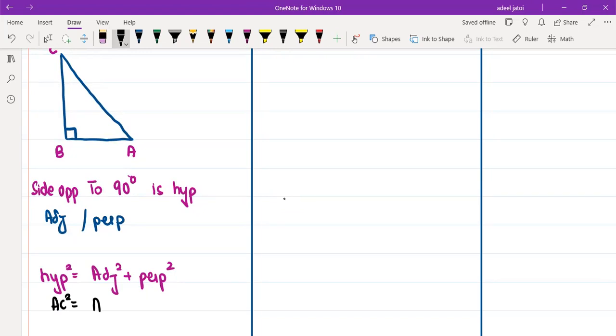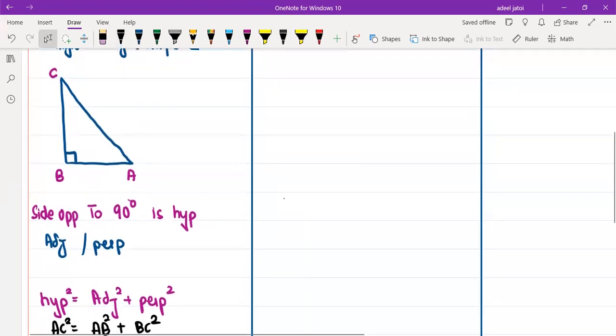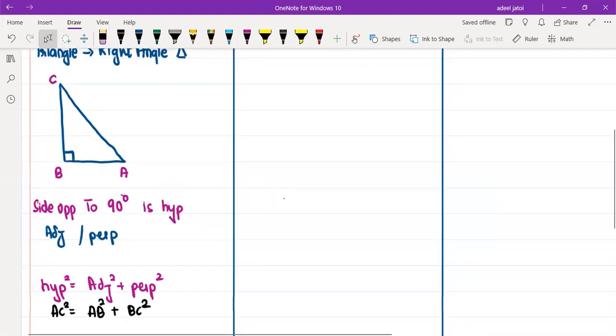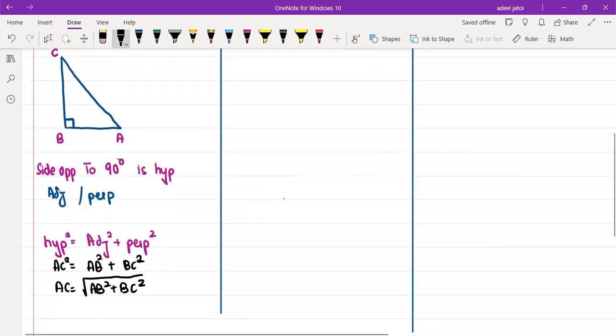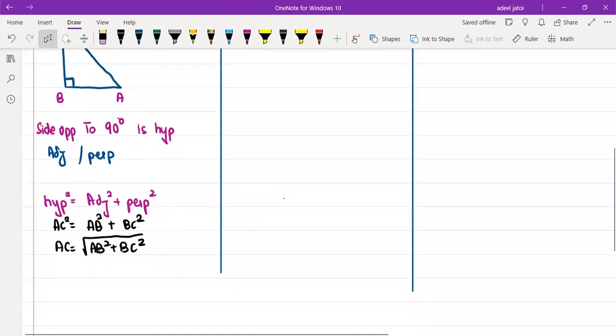We can take this thing down as AB square plus BC square using the information given in the right angle triangle. So if I need to find out AC, this should be under root AB square plus BC square.